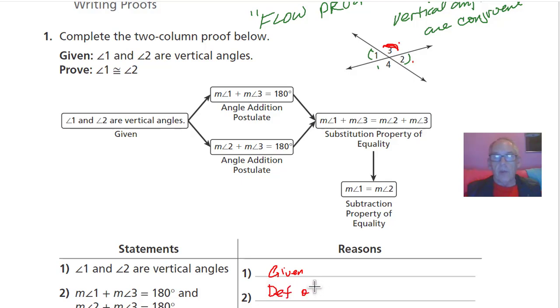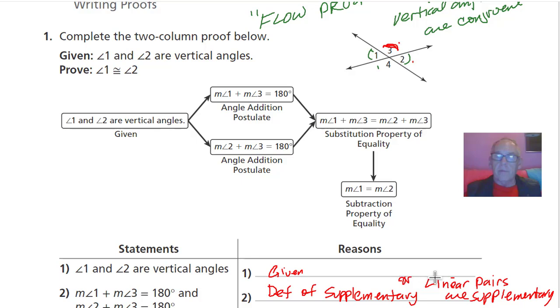It also could be linear pairs of angles are supplementary. So either one of these would work for a reason for step 2.